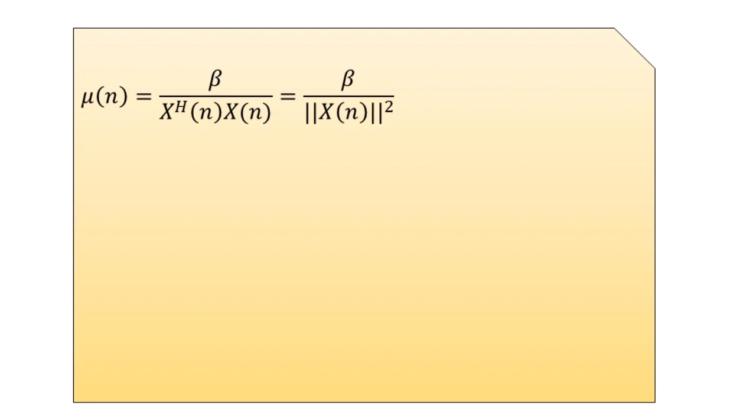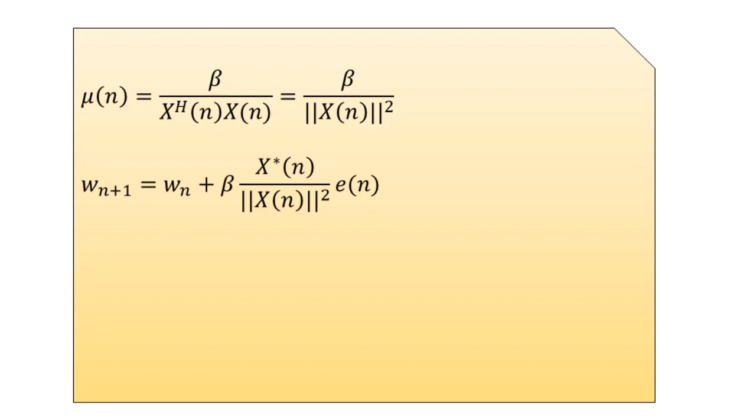This can be given by the equation w suffix n plus 1 equal to w suffix n added to beta times the ratio where the numerator is the complex conjugate of x of n and the denominator is the square of the norm of x of n, and this ratio is further multiplied by small e of n.